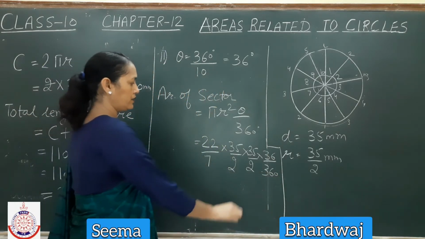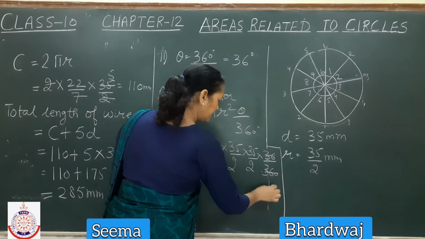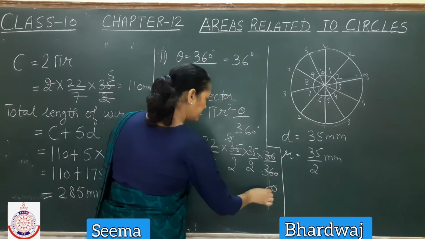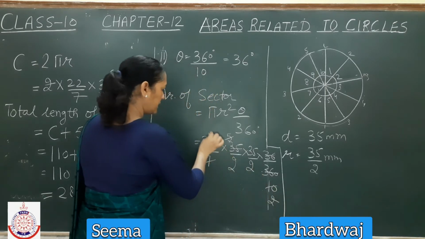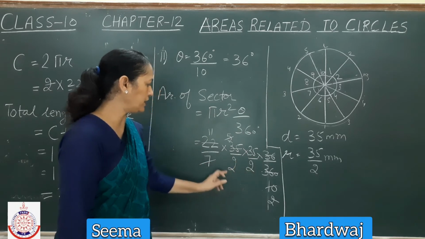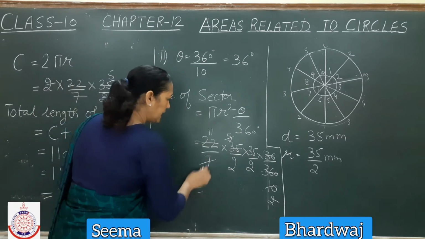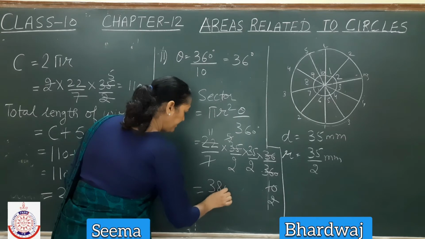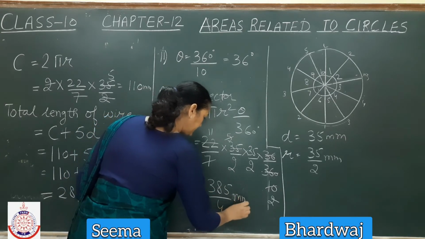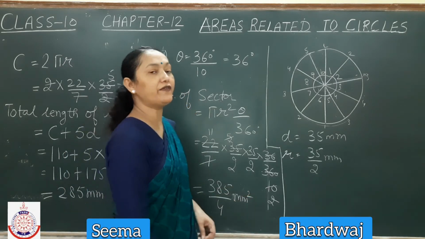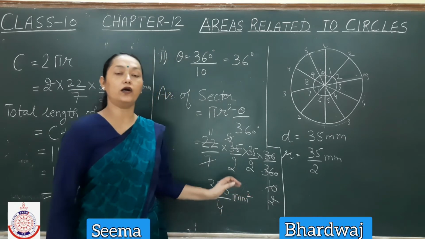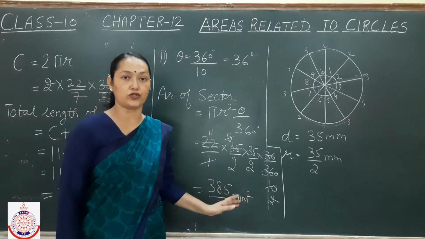Let us see what comes out to be after cutting. So what are we getting? 11 into 35 upon 2 into 2, means 11 into 35 means 385 upon 4 millimeter square. 385 upon 4 millimeter square is the value of the area of each sector in the brooch.